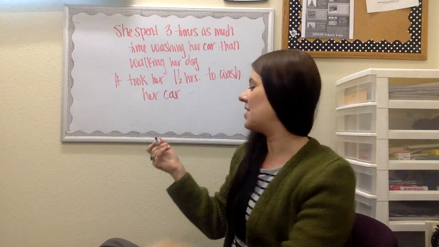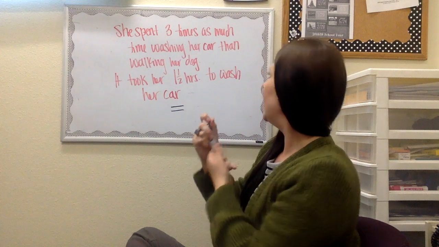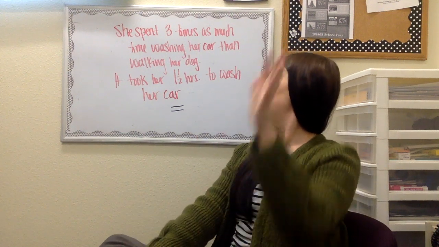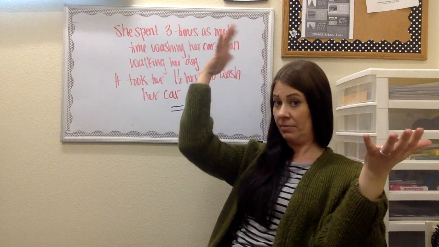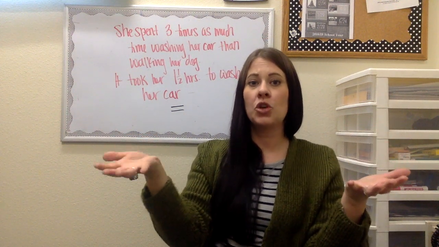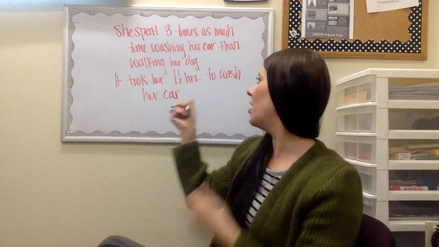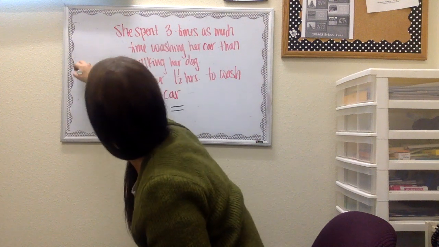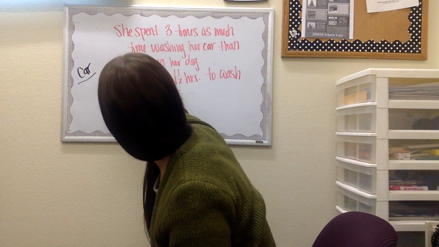Those are all the things I get to use. So I know that I have to have an equal sign. What I'm going to try to do is get the amount of time she washed her car and the amount of time she walked her dog to be equal. So right now, washing her car, she spent more time on than walking the dog.